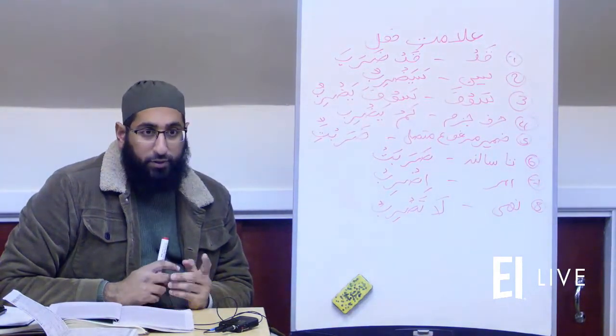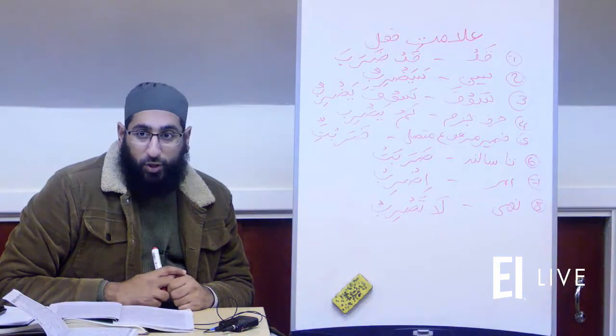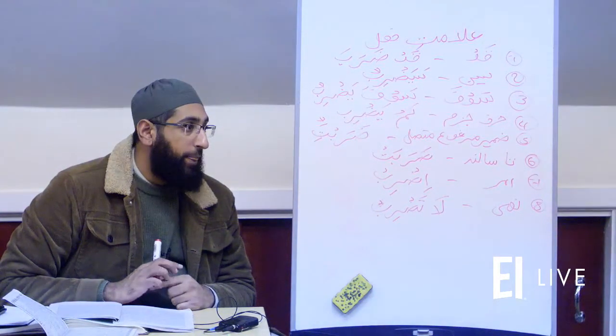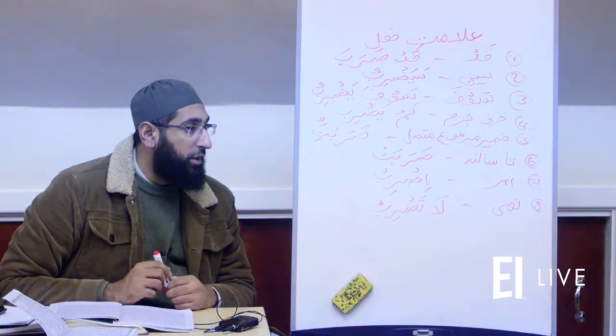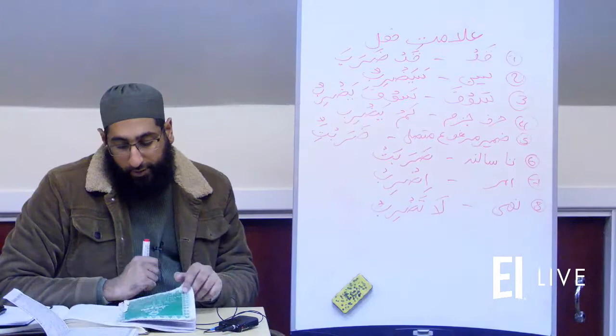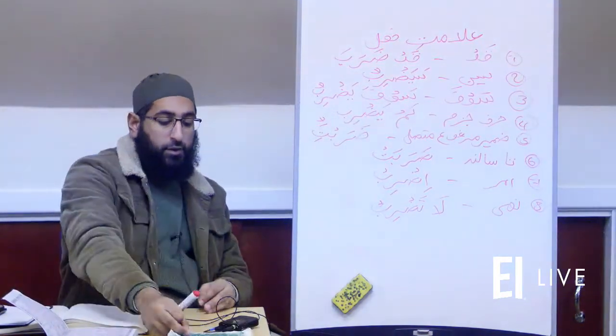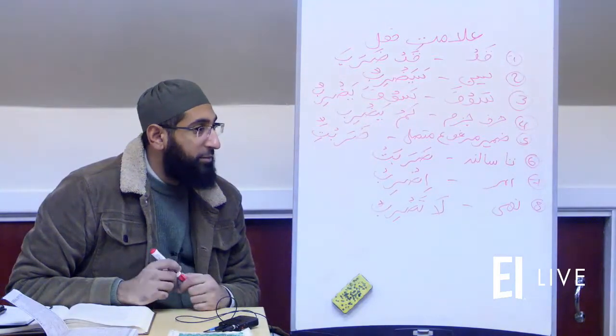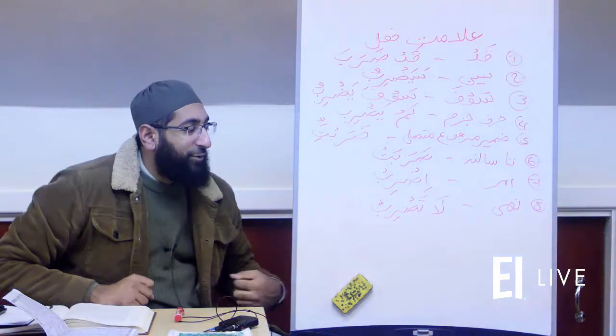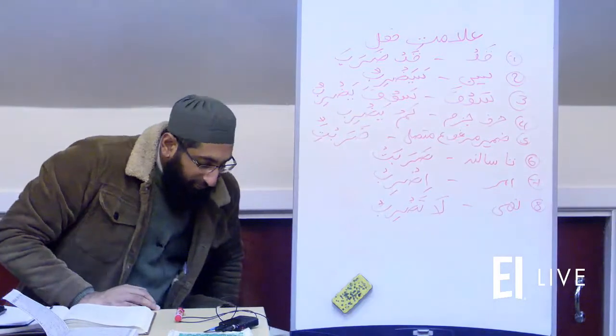So on this subject from next week, we're going to be studying Mu'rab and Mabni. That's crucial to understand what Mu'rab is and what Mabni is. Now when I say what is it, you have to know if it's a fail or a ism or a harf. No questions asked, other than that one.